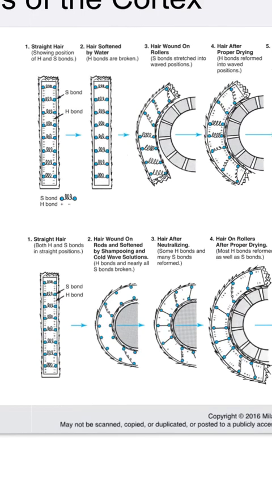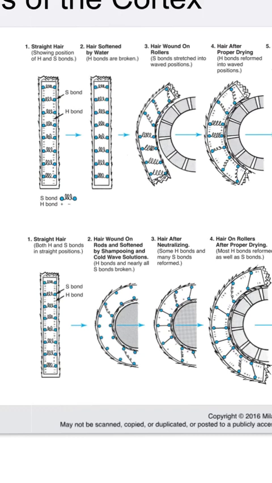In examining straight hair and the hydrogen bonds and the salt bonds, you'll see in Figure 1 that in the straight hair, the hydrogen and salt bonds are at a fixed position. In Figure 2, as the hair is softened by water, the H bonds are broken. Hair is then wound on rollers.